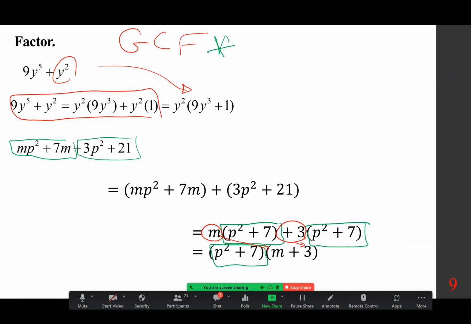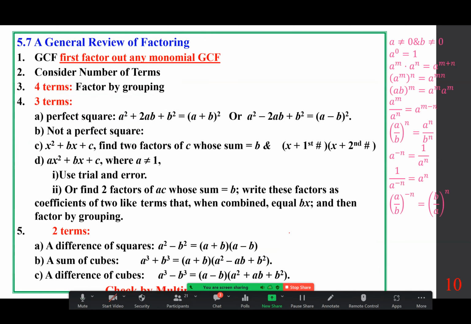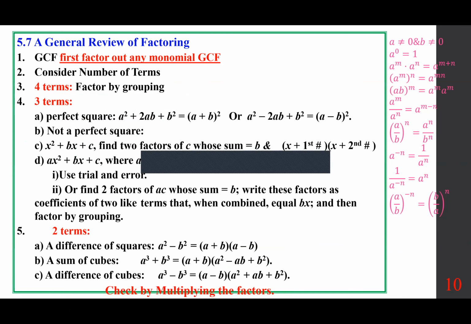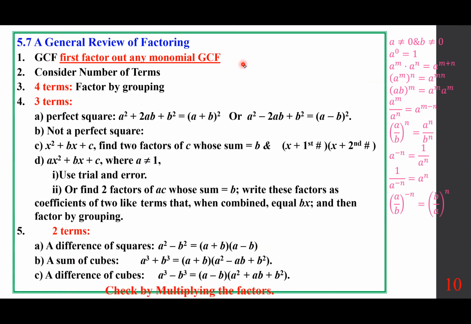This is by grouping. So what is the process of factoring? Let's quickly recap that. A general review of factoring, everybody. The very first step is to take the GCF out. Then we consider the number of terms.